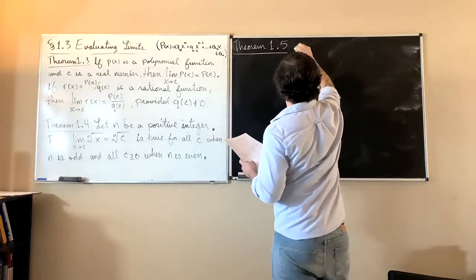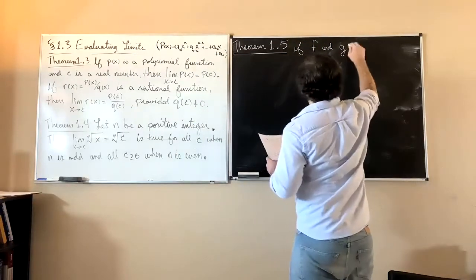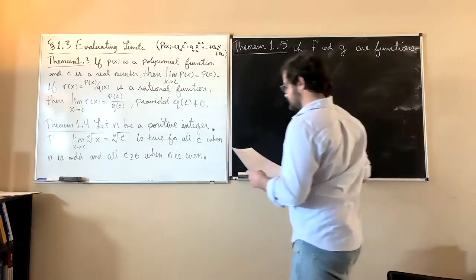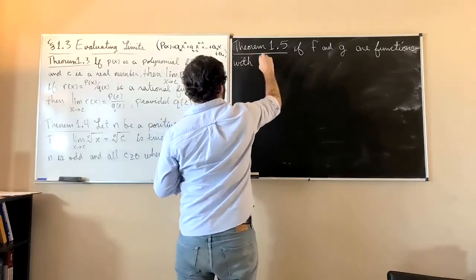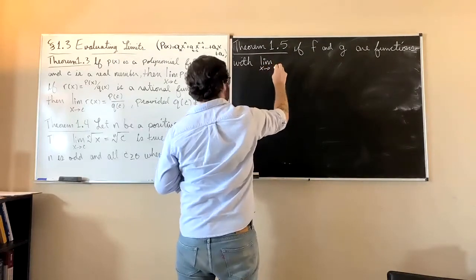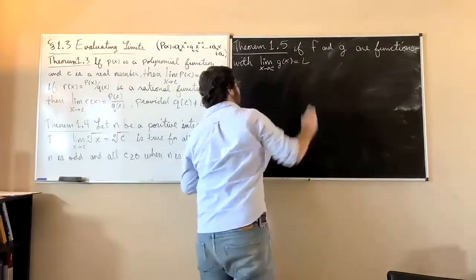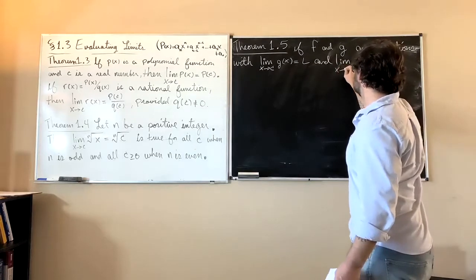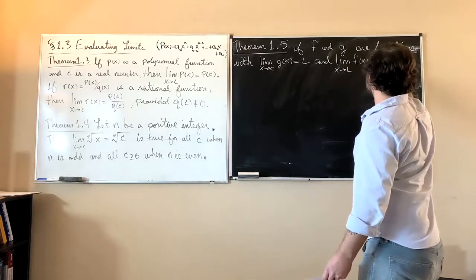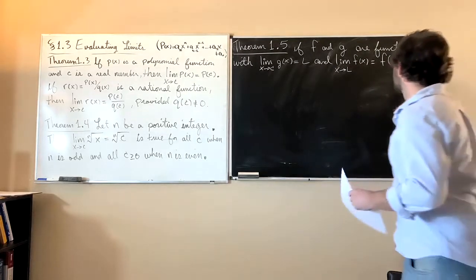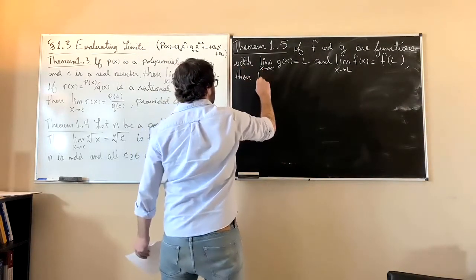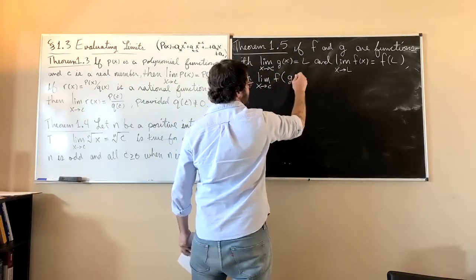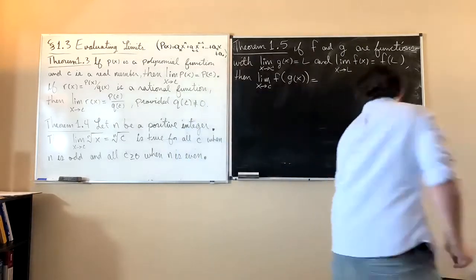So if f and g are functions with the limit as x approaches c of g of x equals L, and the limit as x approaches L of f of x equals f of L, then the limit as x approaches c of the composite function f composed with g equals f evaluated at L.